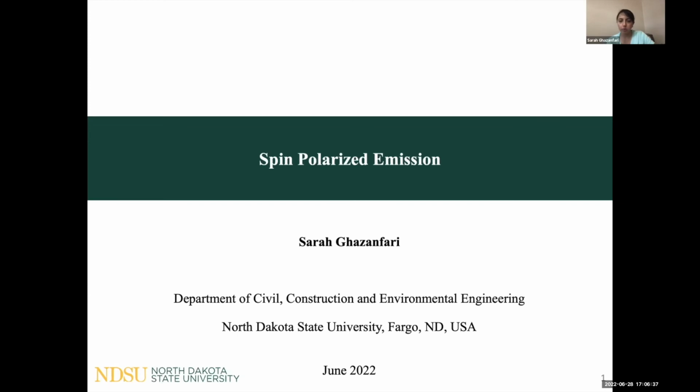I'm going to briefly explain how to generate the emission spectra for the spin polarized case.